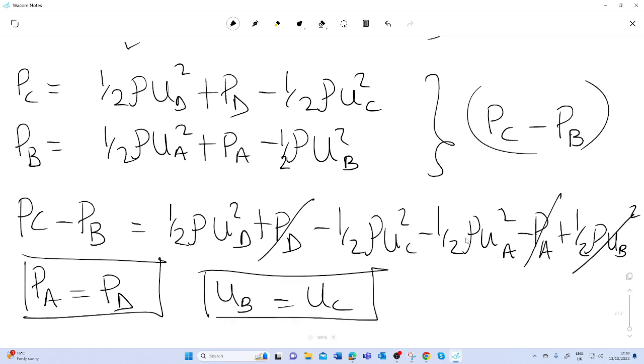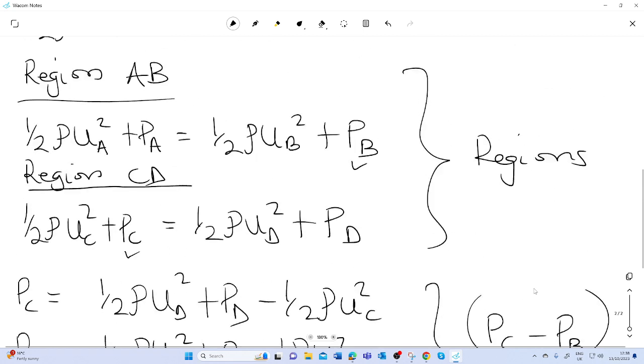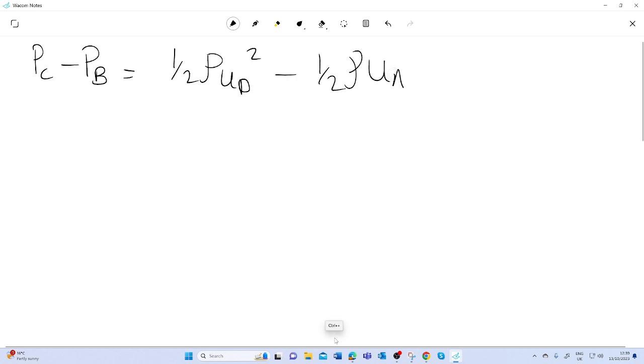So this one cancels and this one cancels. So our equation becomes PC minus PB equals half rho UD squared minus half rho UA squared.